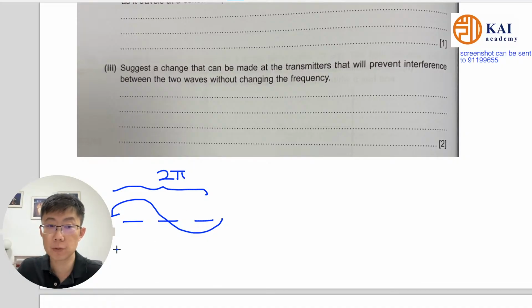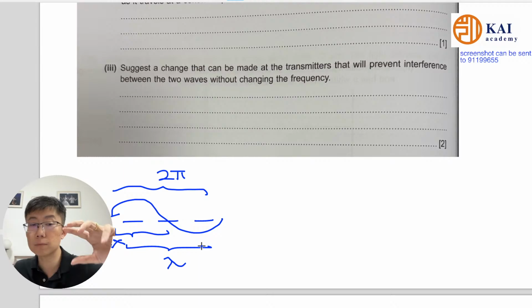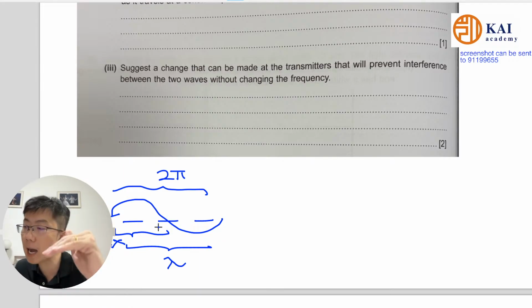I want to find, for a particular path difference delta x, what angle it will correspond to. For example, if delta x is half a wavelength, then delta x converted to phase difference will become pi.